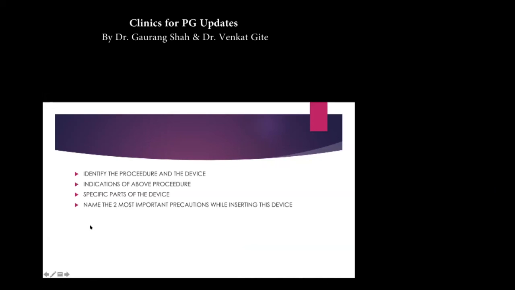Name the two most important precautions you will take while inserting the artificial sphincter. The risk would be damage to the urethra, as I am putting my cuff around it.